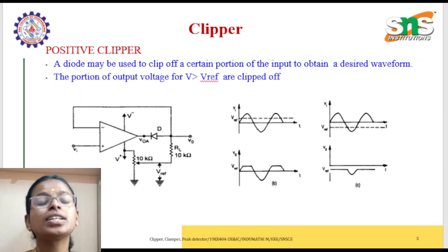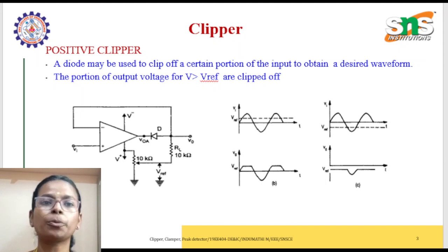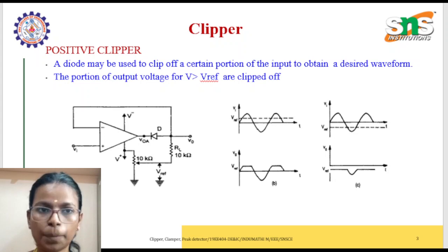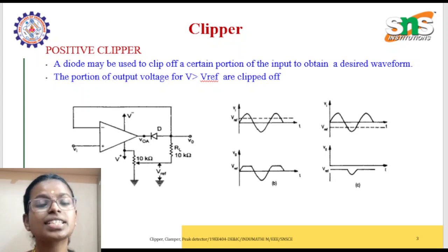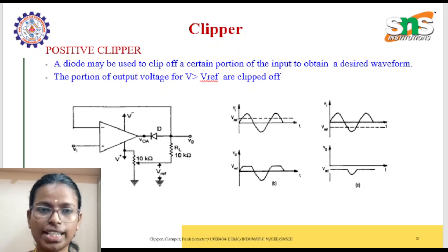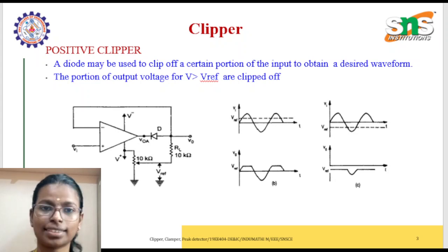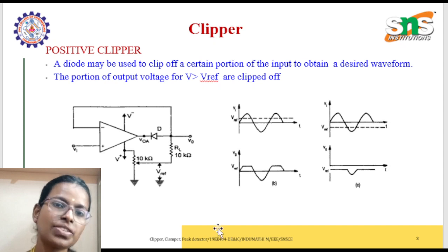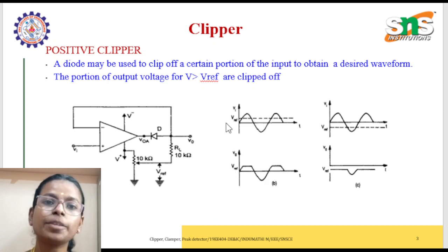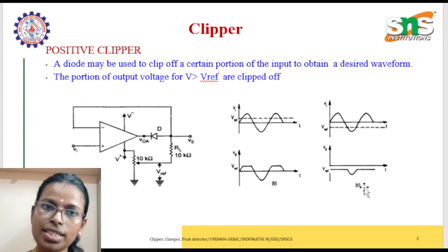So when the input voltage is greater than V reference, your waveform will get clipped off. You can just refer to this positive clipper with V reference positive and V reference negative.